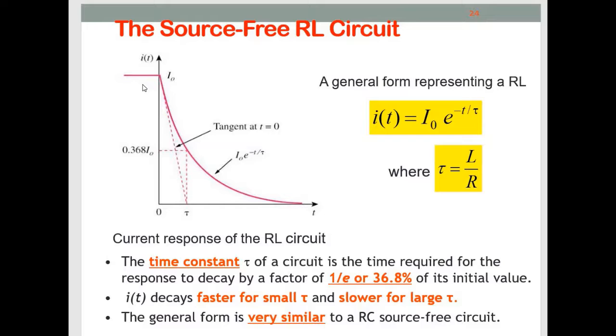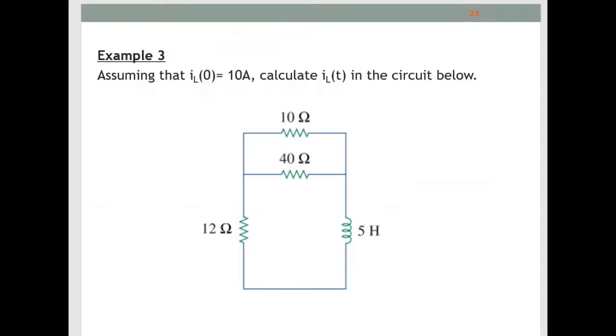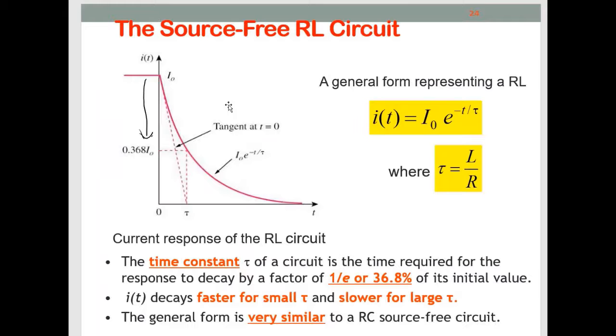At t equal to tau, which here is L over R, the current drops to 36.8% of its value. The concept of RL is very similar to RC. Just RL is more interested in finding the current, but RC is more interested in finding the voltage.